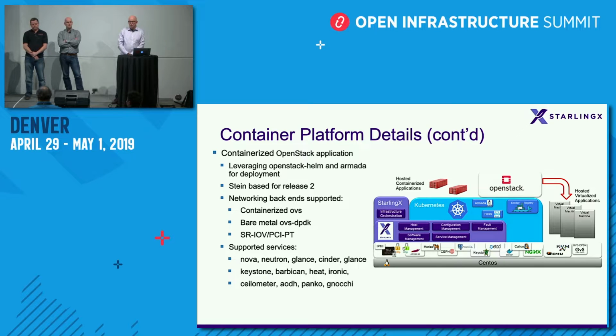So for instance, our next release will be on Train. Just touching on some of the networking backends that we support with our containerized solution. So containerized OVS, bare metal OVS DPDK, as well as SR-IOV. And I just listed out the different services that we support with our solution.